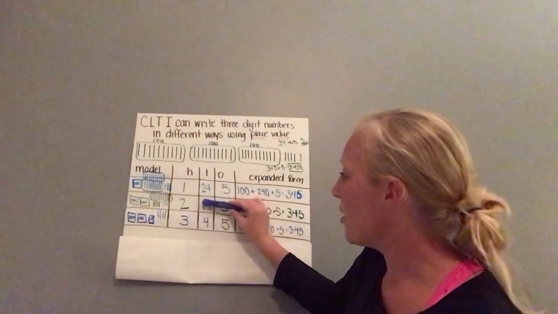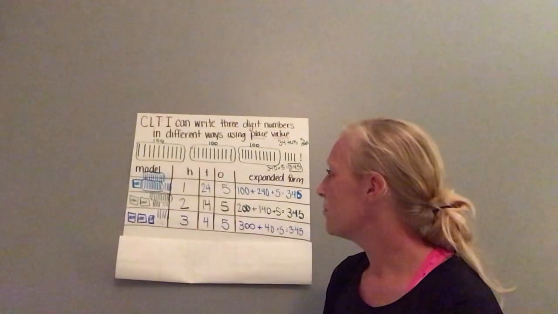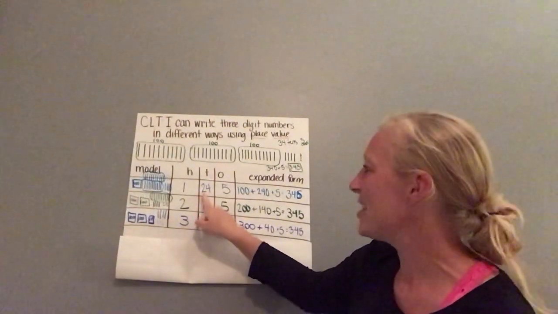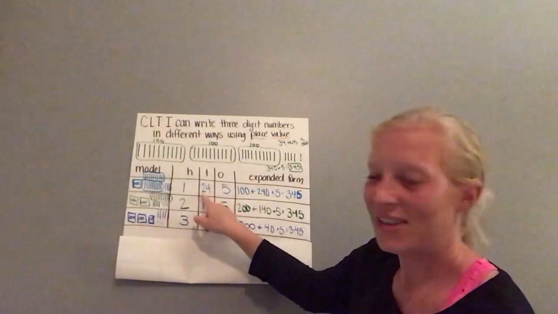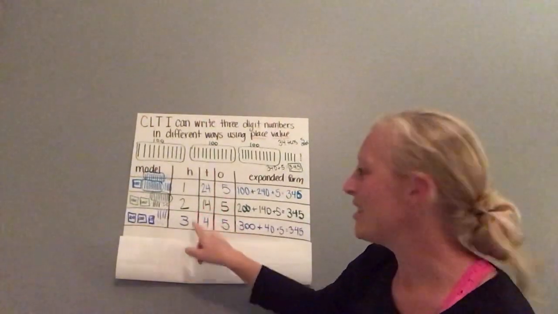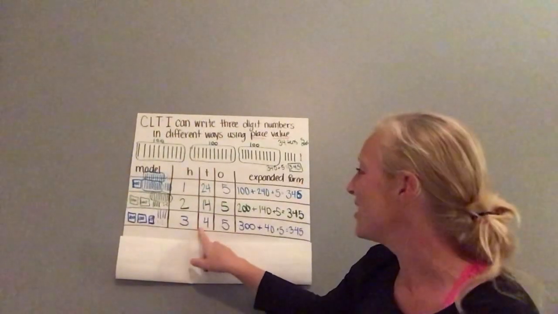Why do you think your tens place went down? Because that's this, yep, that's 10 tens, right? That's two groups of 10 tens. That's one group of 10 tens. That's 0 groups of 10 tens.